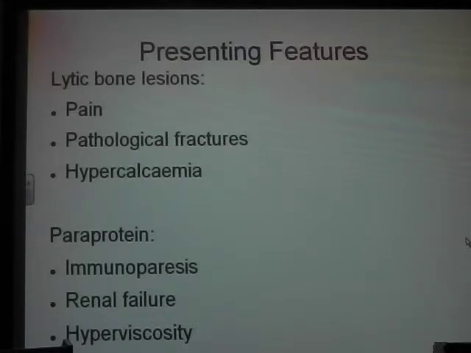How might hyperviscosity present? Yeah, clots. So clots, which can be, for example, in the brain, you can get headaches, you can get strokes, you can get clots in your eyes, visual disturbances. And amyloidosis. Who knows what amyloidosis is?